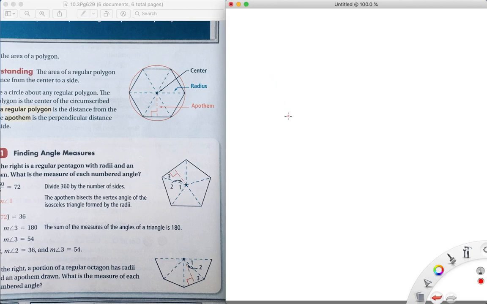I'm going to expand on this pentagon. I'm just going to draw a simple, horribly drawn triangle. This would be our radii. So the side of the triangle would be our radius. There are going to be 2 of them.